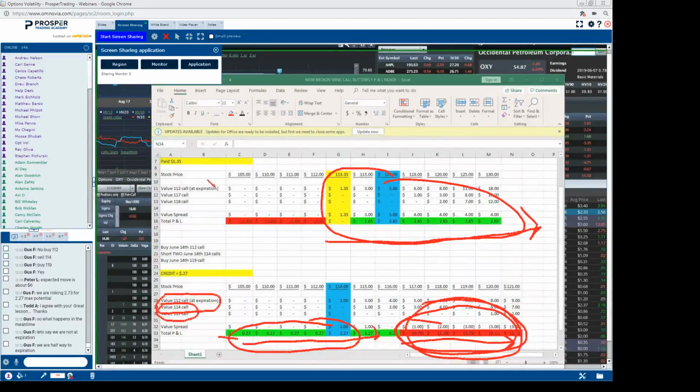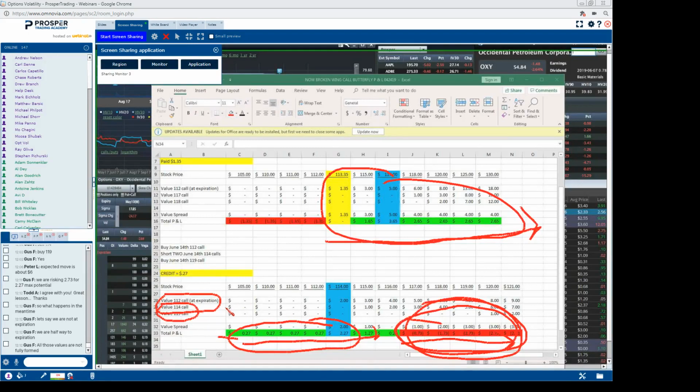Well, the most you're ever going to make out of this, okay? The most you're ever going to make out of this, unless the stock goes to the short strike, is really your 27 cents credit that you have.